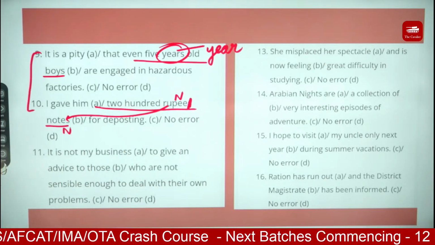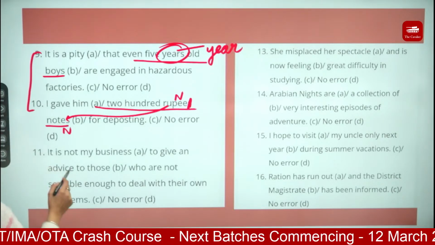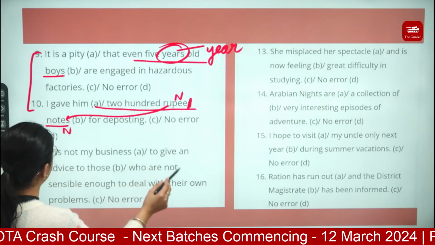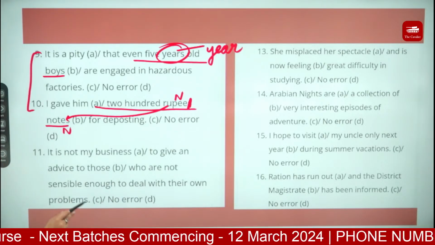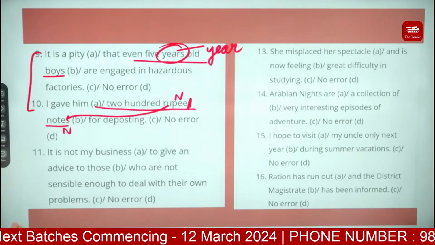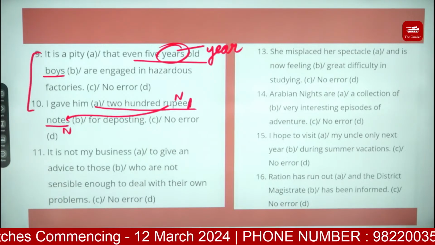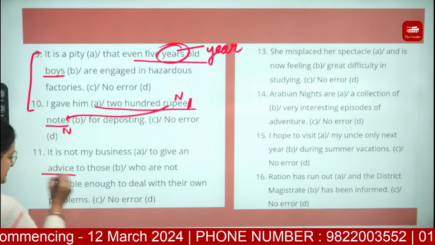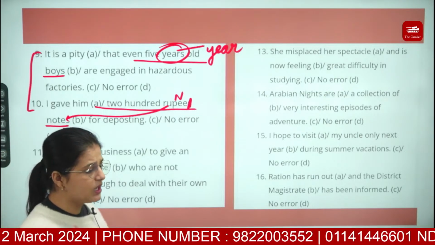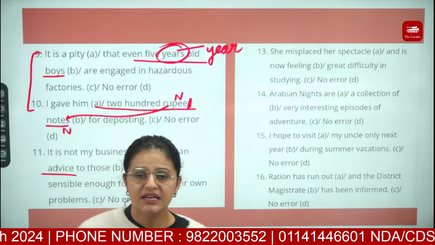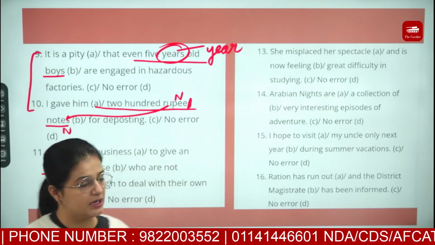Okay. Next. What my big advice was who are not sensible enough to deal with their own problem. Let's look at this. Okay. What is advice? Which noun is it? Countable noun or uncountable noun? It is an uncountable noun. Okay.